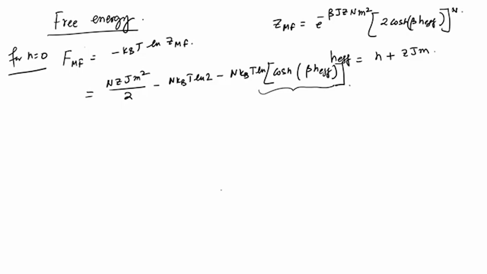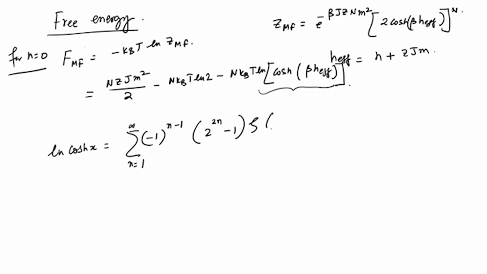Okay. And in order to do that, let me give you without a proof the log of this cosine hyperbolic x. This can be written as a slightly complicated expression, but not that we need everything about it. So, we have a minus 1 whole to the power n, 2 to the power 2n minus 1, and then there is a zeta function 2n, and then we have n pi to the power 2n and x to the power 2n.